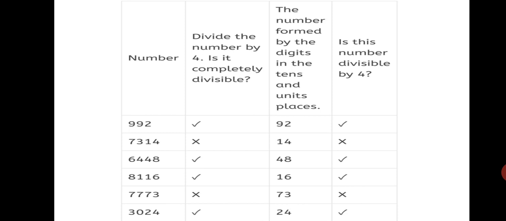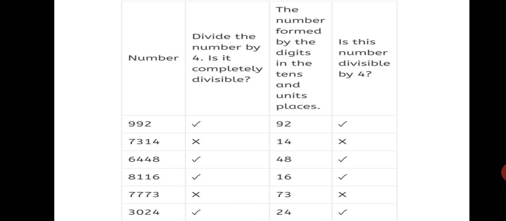What does this table tell us? That if the last two digits are divisible by 4, then the given number is also divisible by 4. So this rule we can apply for test of divisibility by 4. This activity is in your textbook on page number 44. So you can complete this activity to learn more about test of divisibility by 4.